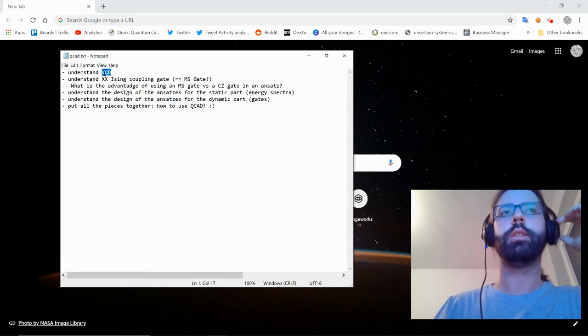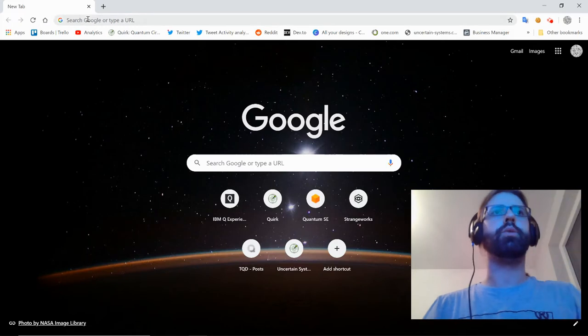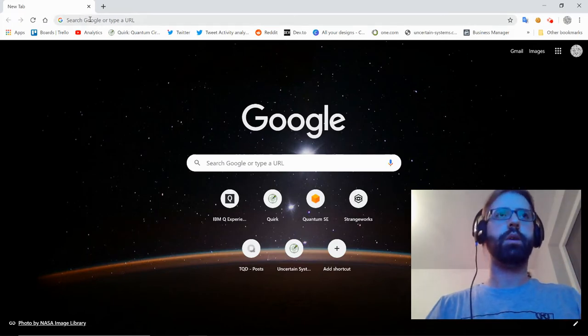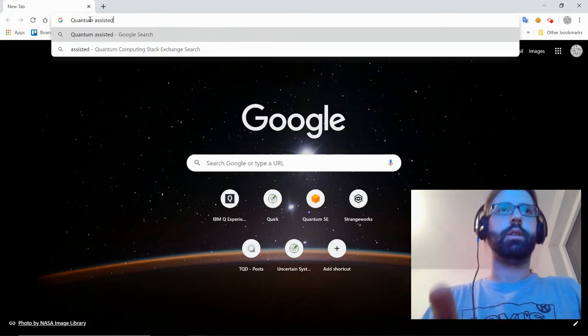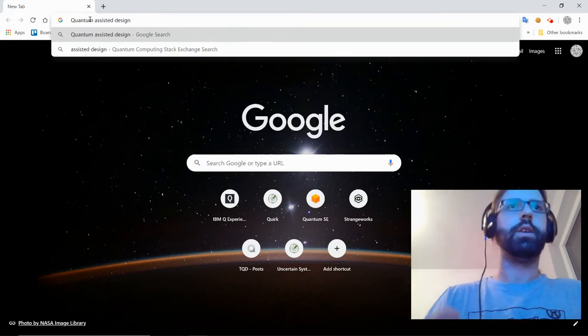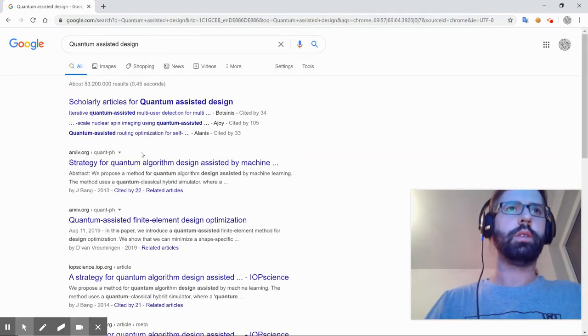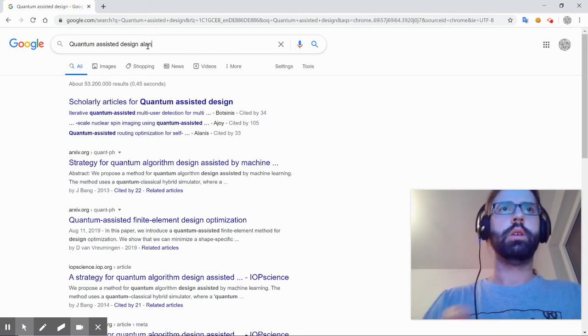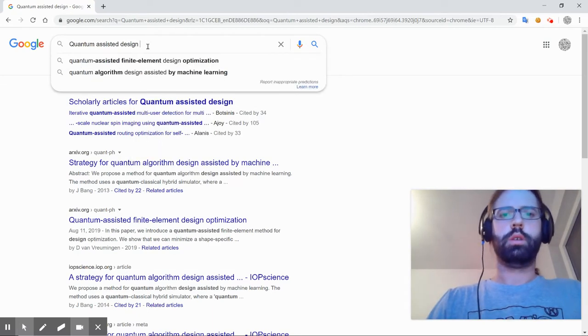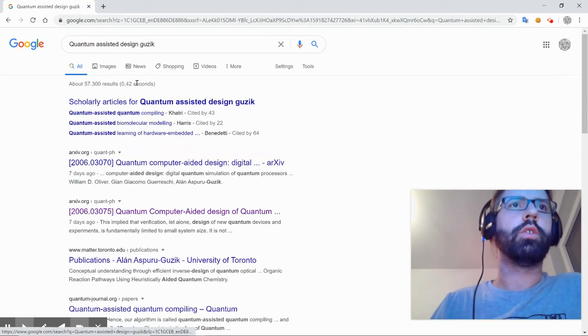I want to start taking a sneak peek at VQD and what is this and how is it different from VQE. So, probably there was a reference on the paper, quantum assisted design or something like that. If I just search for that, will this actually?